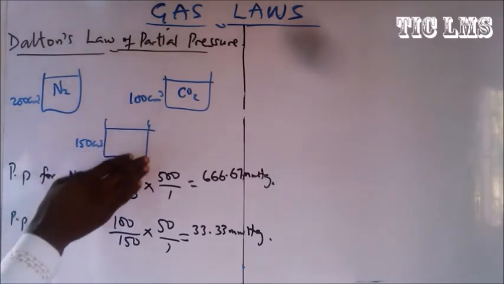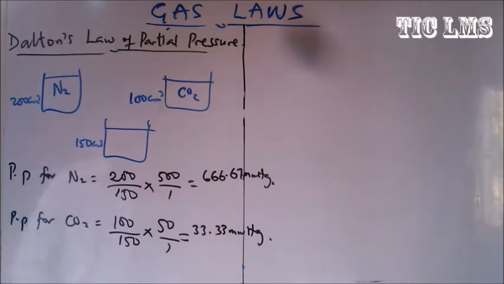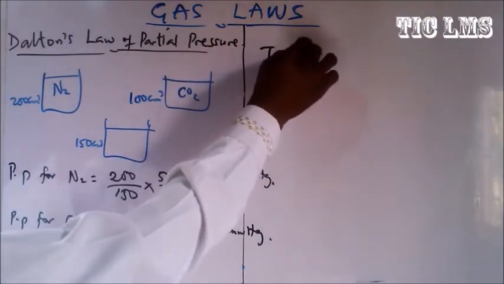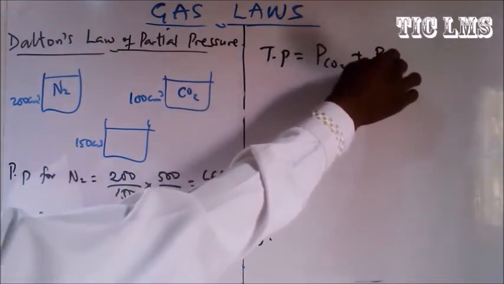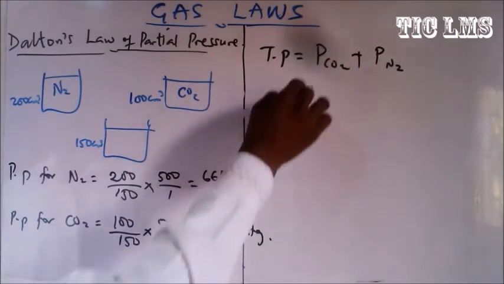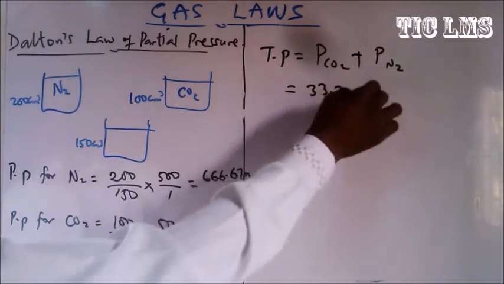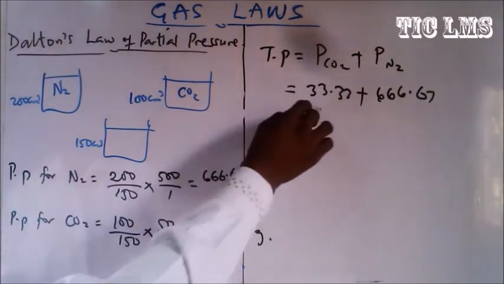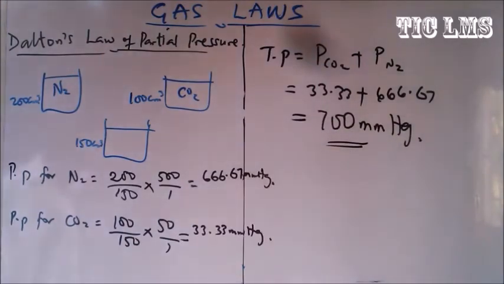Why? Because it has been kept in a container which was larger than where it was before. And so the total pressure will be the partial pressure for CO2 plus the partial pressure for nitrogen gas. For CO2 we have 33.33, and for nitrogen gas we have 666.67. And when we add all this together, we have 700 millimeter mercury. That is the total pressure.